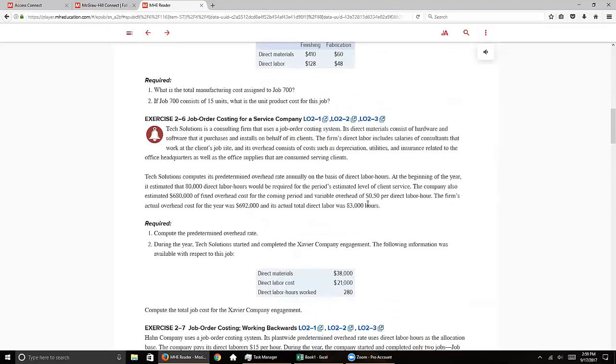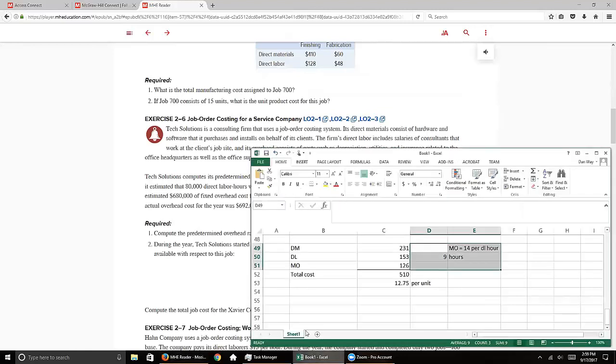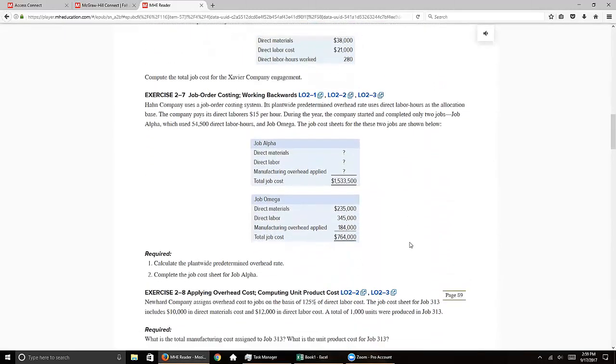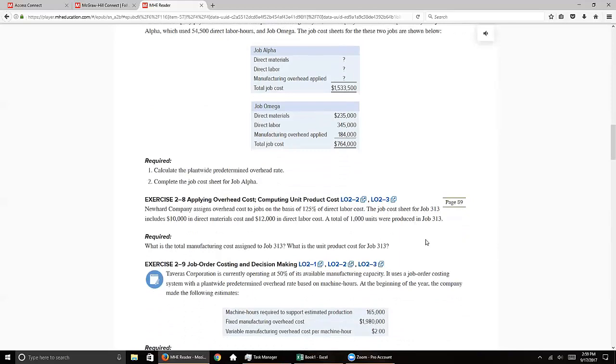So if you feel good about a couple of these, give yourself a little bit of a test, so to speak, and try a couple on your own too to see like, hey, can I come up with this total job cost? Kind of revisit some of your homework stuff to really make sure you can get to those numbers. Or that would be my suggestion anyway. Yeah, I'm ready to try some examples. I hope this is going the way it seems. Okay.